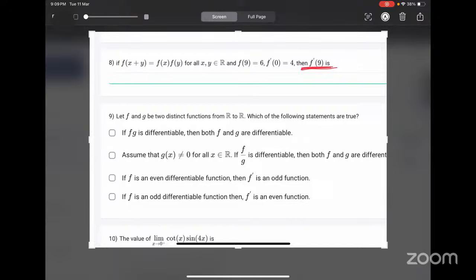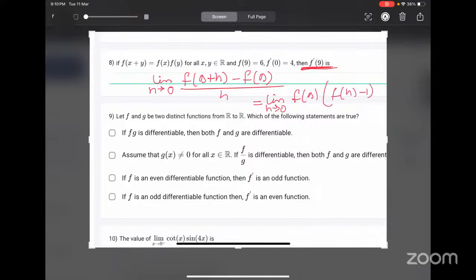We can directly use the definition. Then f of 9 into f of h minus f of 9 by h. That means f of 9 we can take as common.